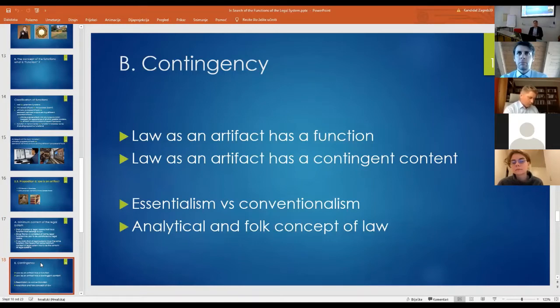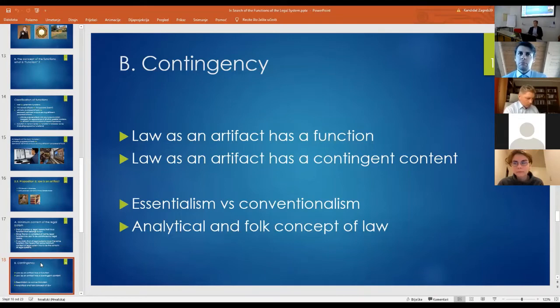On one side, it follows that law as an artifact has a function, and on the other side, you have this thesis, which is also present in the literature referring to artifact theory, that law as an artifact has contingent content.